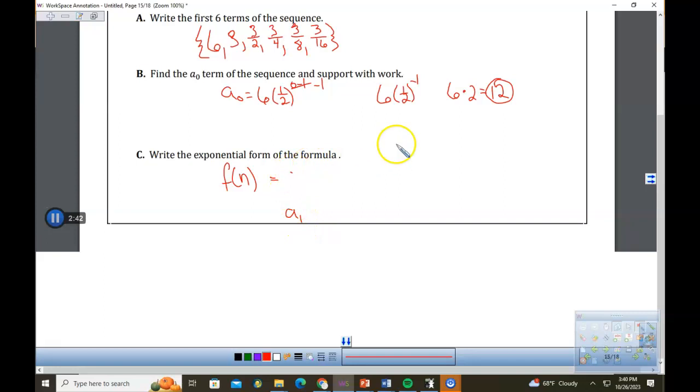If I use A sub 0, I can get rid of the n minus 1. So I'm going to do f of n equals 12, my A sub 0, times my rate to the n. That's the same function as 6 times 1/2 to the n minus 1. They're the exact same thing.